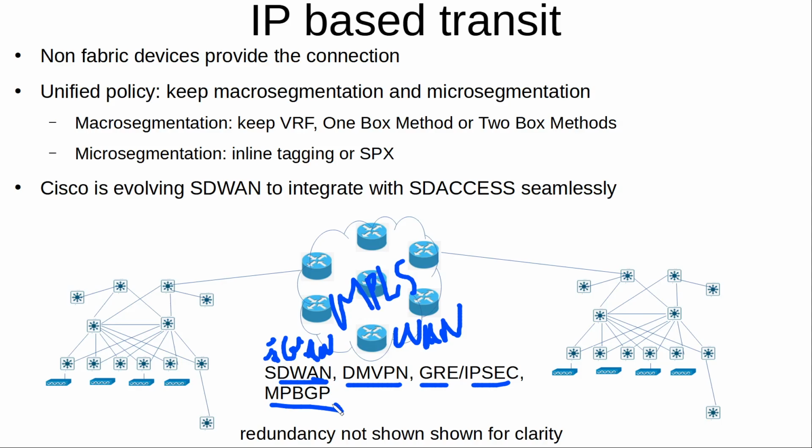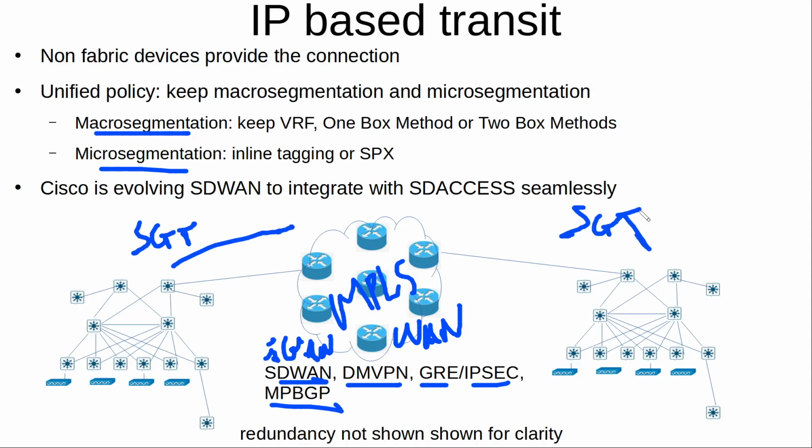So it is easy to connect these two sites, but the downside, or the question here, is how I'm going to maintain macro segmentation information and micro segmentation information. How I'm going to carry scalable group tags from one end to the other end, since we are using a traditional IP network.